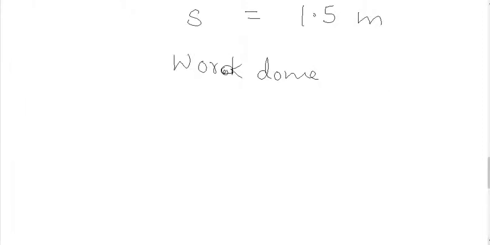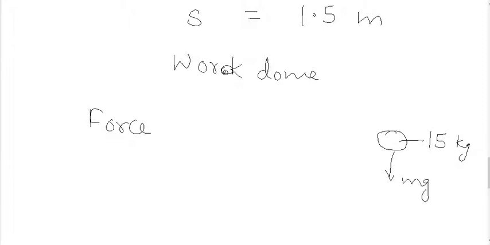First of all, we will find the force to lift the object of mass 15 kg. So it must be the gravitational force mg. So here force is mass into acceleration due to gravity. Mass is 15 kg and acceleration due to gravity is 10 meter per second square. So here force is 150 Newton.